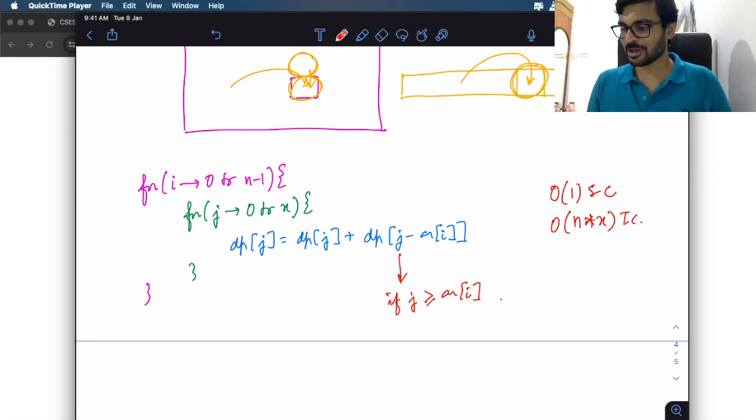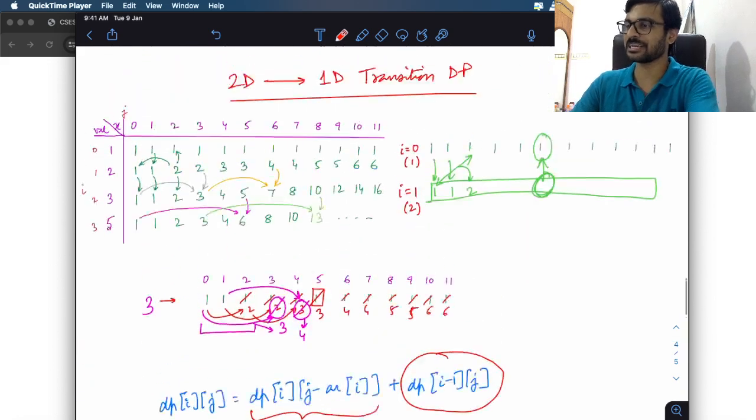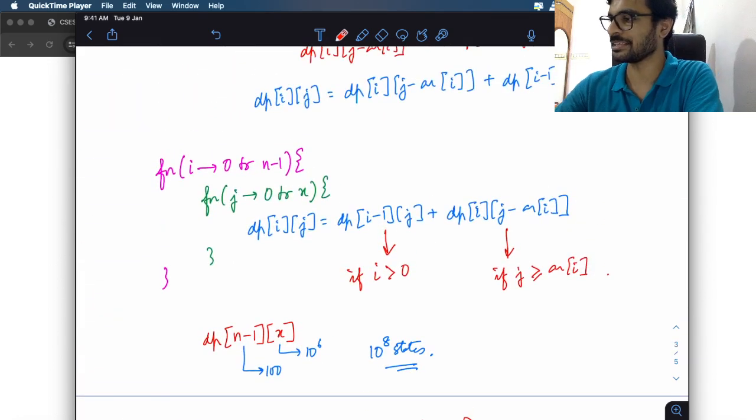So you saw how we first looked at the problem in a 2D way, and then we improved our complexity to basically finish up in 1D way. We have seen the improvement in space complexity and time complexity. The previous approach was basically big O n into x space complexity and n into x time complexity.